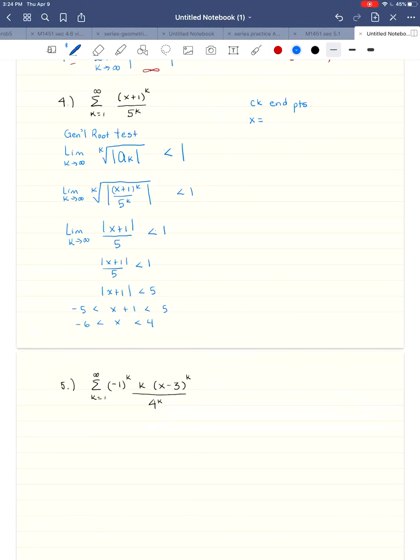So we go back to the original series, and I'm going to start with the left endpoint. I'm going to replace x with negative 6. Instead of (x plus 1) to the k, I have (negative 6 plus 1) to the k divided by 5 to the k. And so that simplifies to (negative 5) to the k over 5 to the k, which I can write as (negative 1) to the k, and then I have 5 to the k over 5 to the k, which will cancel.